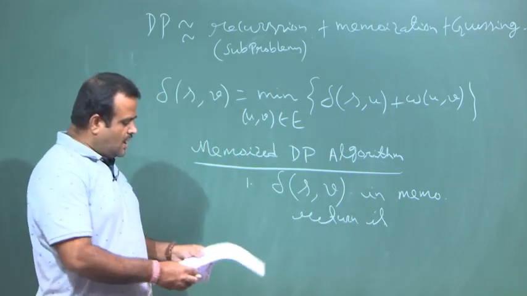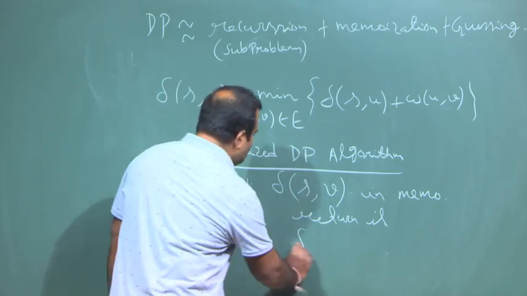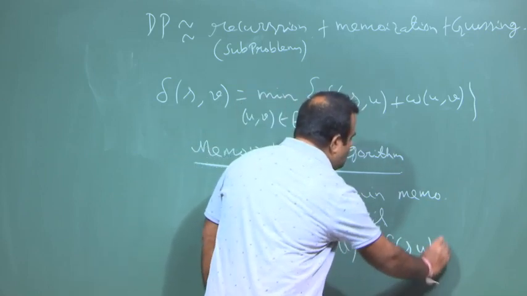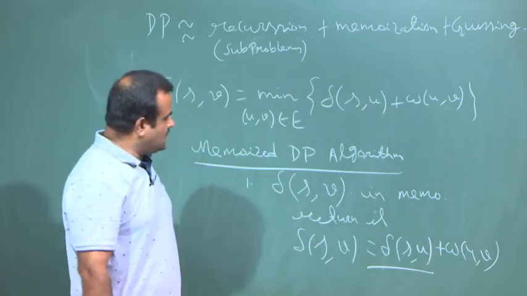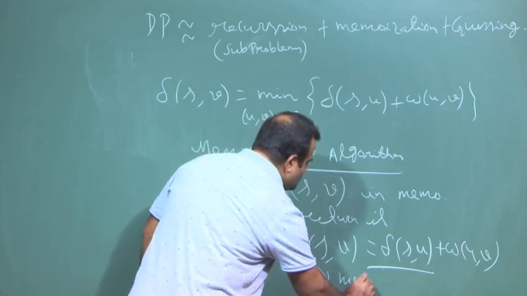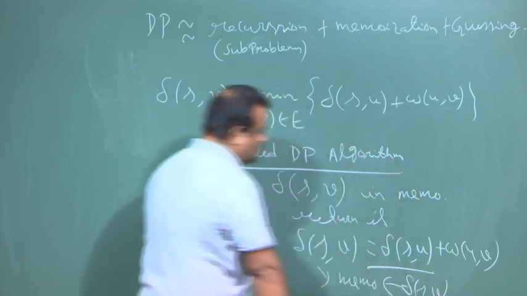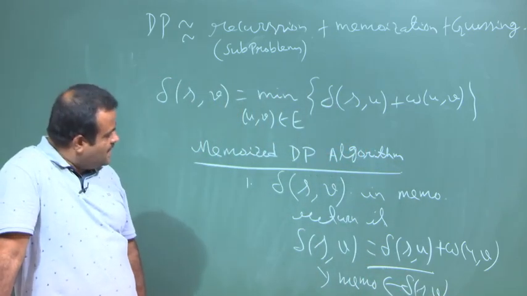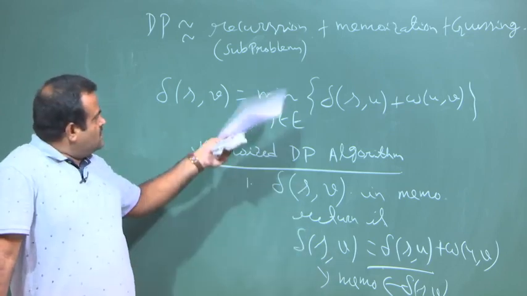Otherwise, we compute delta of s comma v equal to delta of s comma u plus w u v, and these are the sub problems. Once we compute this, we put it into the memo, so that next time if we need this value, we can reuse that. So, this is the memoization algorithm for this version.